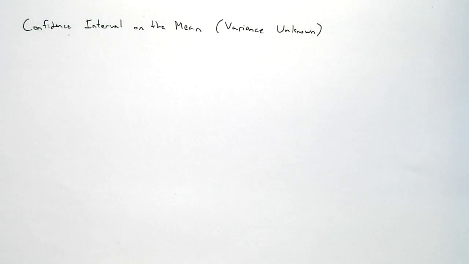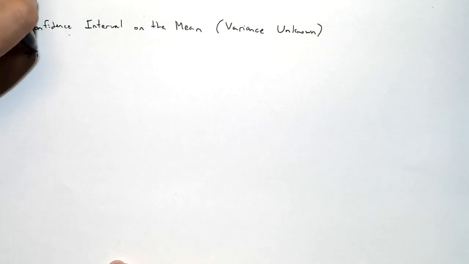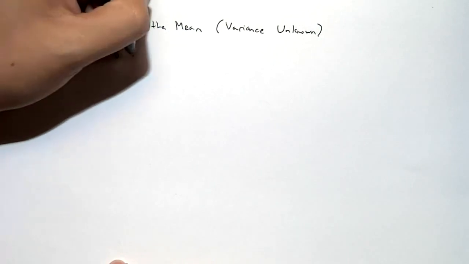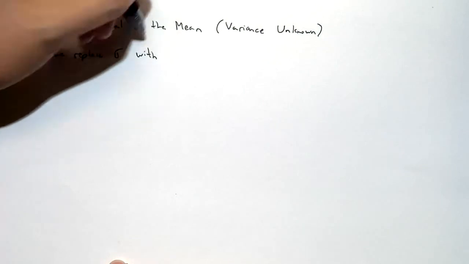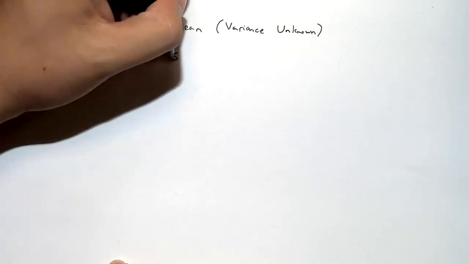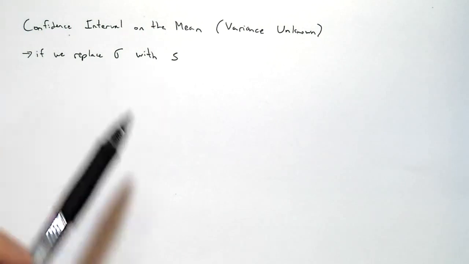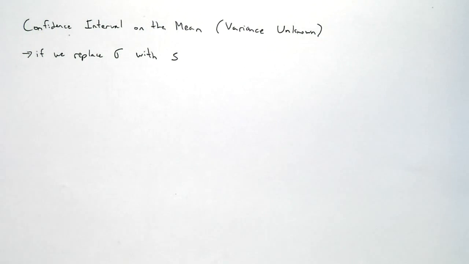If we want to replace the variance with the sample variance, or in this case the standard deviation with the sample standard deviation, and our sample size is small, then we will need to account for how different the sample variance and the variance are.